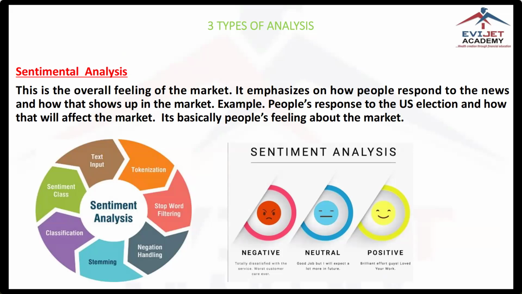It basically is people's feeling about the market. So let's assume after the US election now, some persons are tilting to say, wow, now that Trump has won, at least the strength of the USD will be a good one, all right? Others are saying otherwise, but at the end of the day, you see that more persons are on the positive side. So that is sentimental, all right?